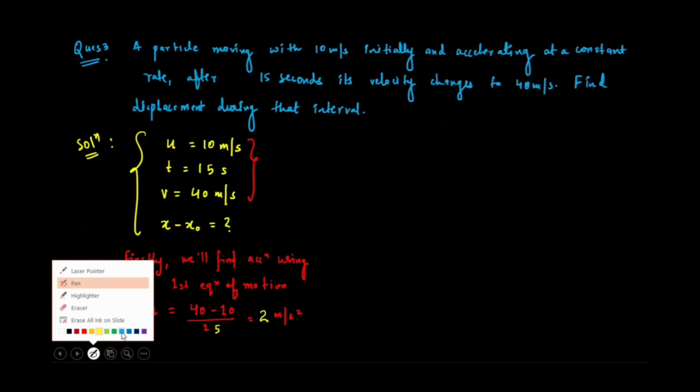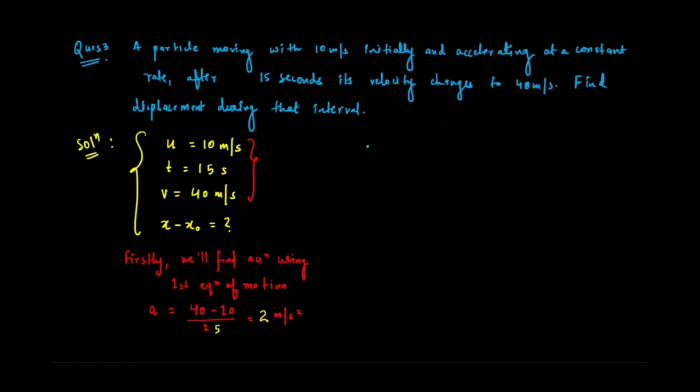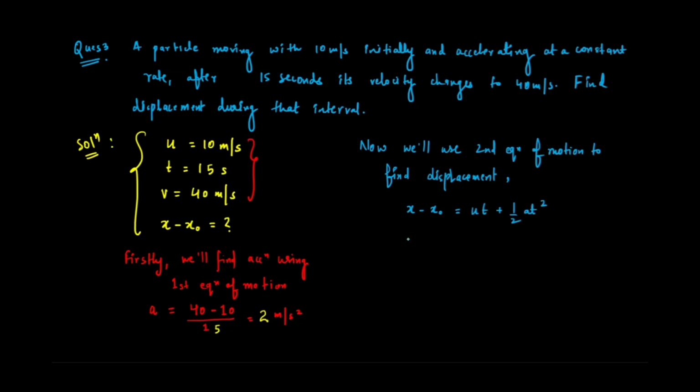Now just apply the second or third equation, whichever you feel like, and tell me the value of x minus x naught. Is it 375? Correct.